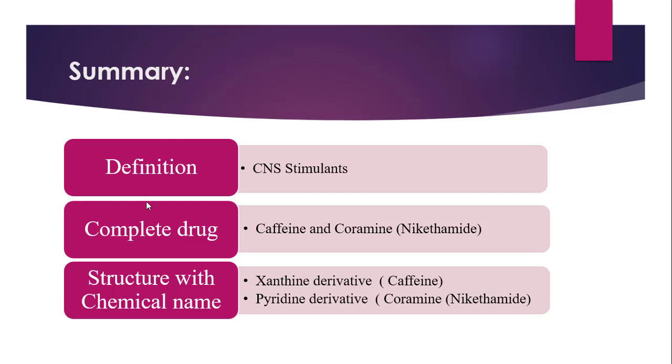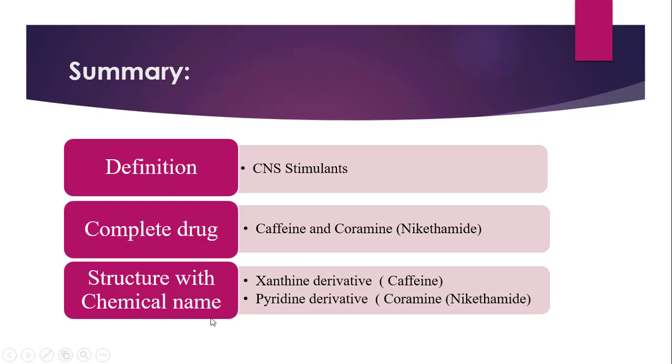Then xanthine derivative is caffeine. They may ask xanthine derivative, or straightforwardly ask caffeine. So we summarize that caffeine and nicotinamide are really very important as far as this chapter is concerned. Classification is least important because it is not asked in the exam.